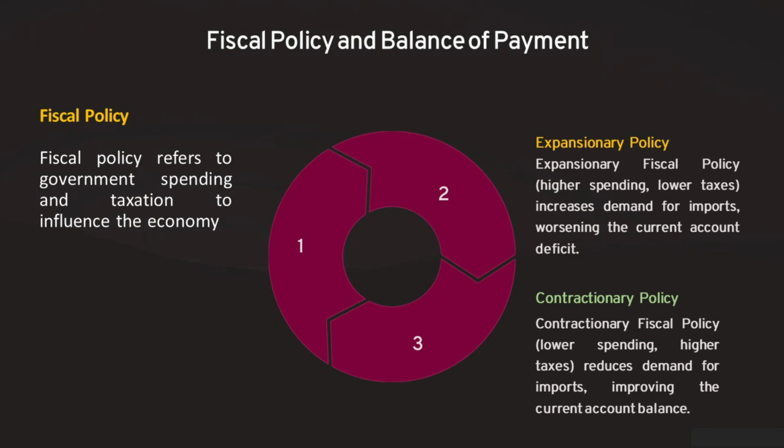So when there is a problem of inflationary pressure in the economy, what does the government want to do? The government wants to reduce the prices of the commodities. So how can they reduce the prices of the commodity? They want to reduce the aggregate demand in the economy. So when aggregate demand in the economy comparatively reduces as per the supply, then what will happen?